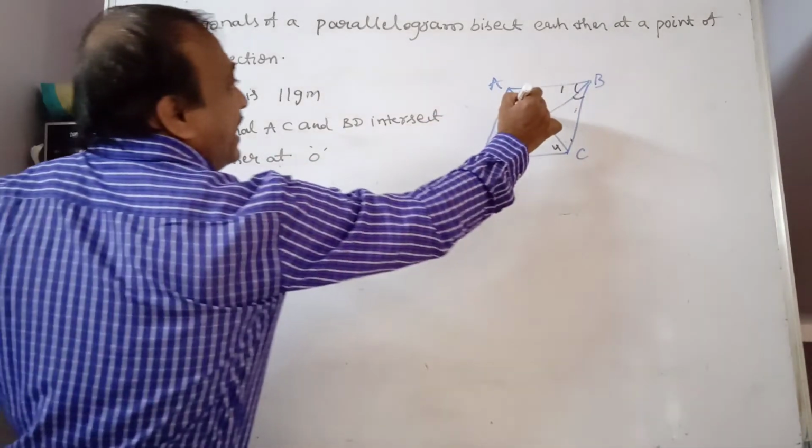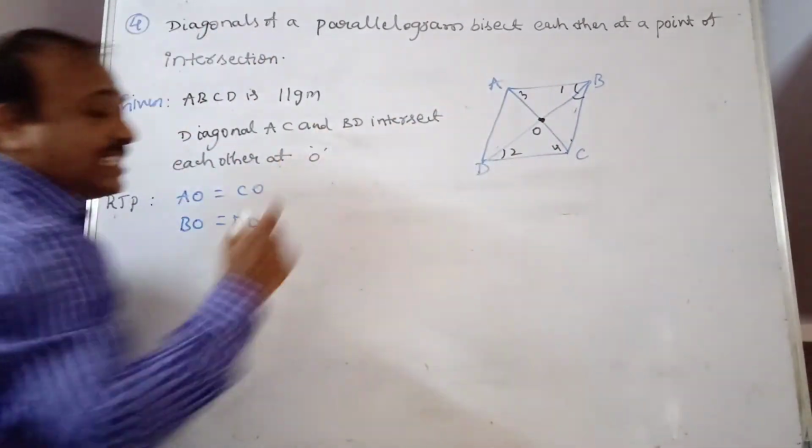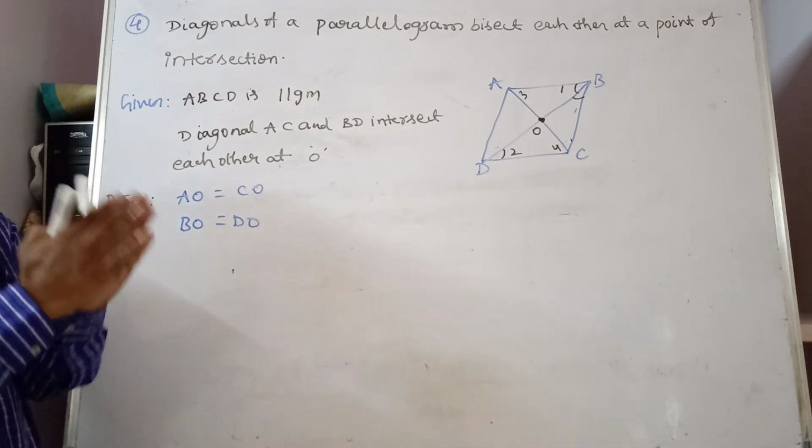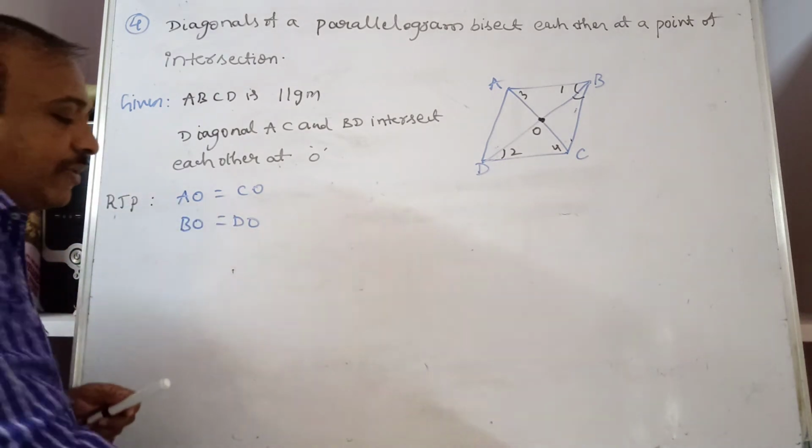You have to prove that AO and CO lengths are equal, and BO and DO lengths are equal. The point where they are meeting divides the diagonal into two equal parts.